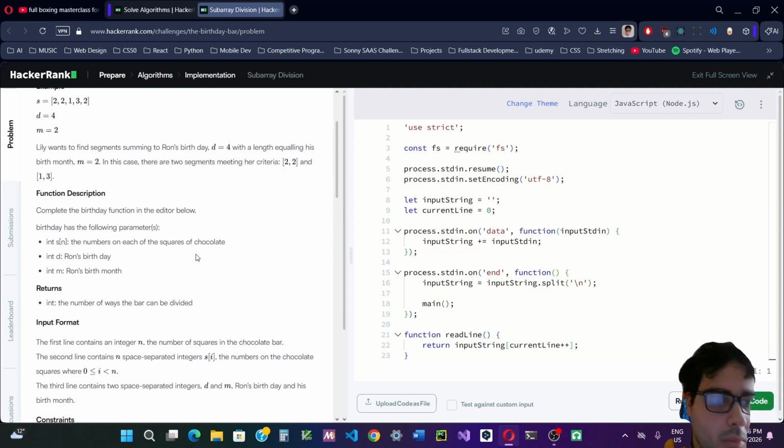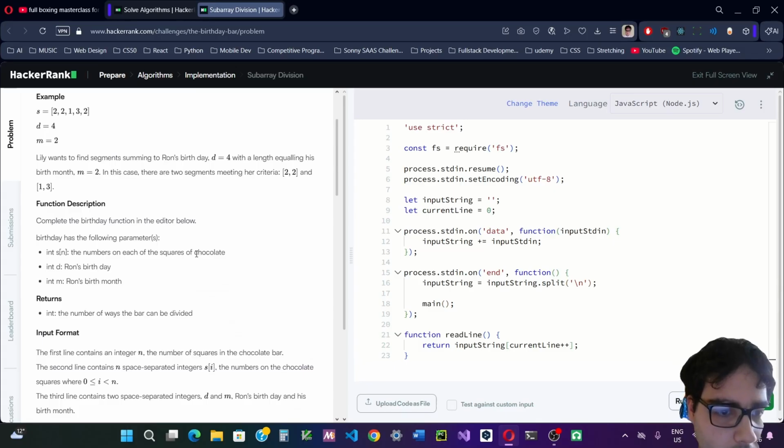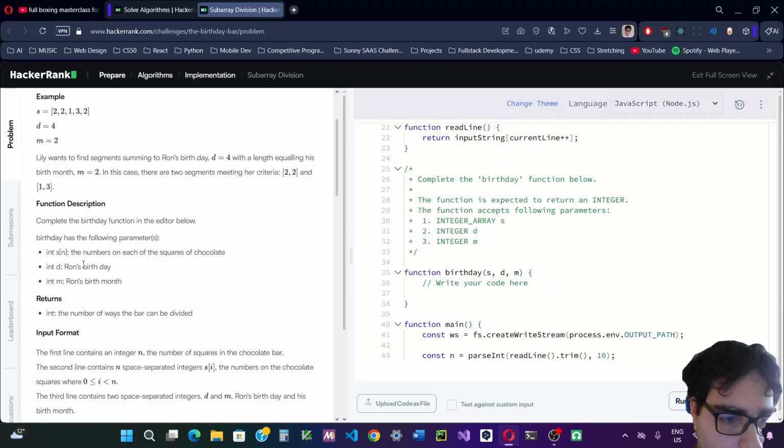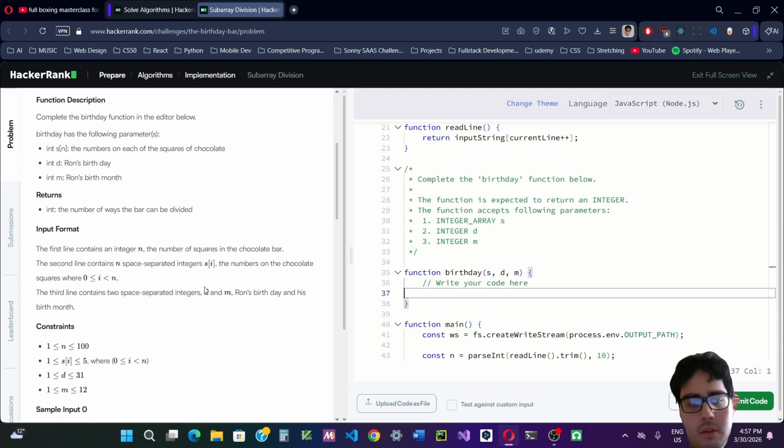Birthday has the following parameters: an integer array s, the numbers on each of the squares of chocolate, and d, Ron's birthday, and m, Ron's birth month. So the length has to be m. Return the number of ways the bar can be divided.